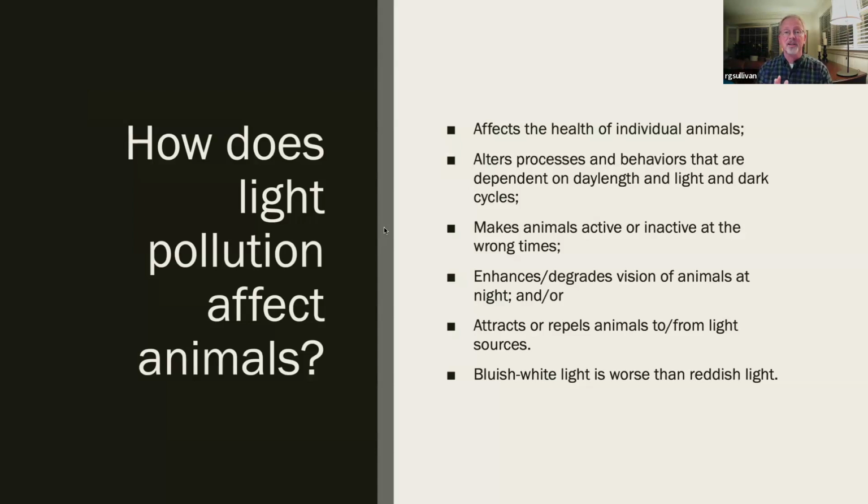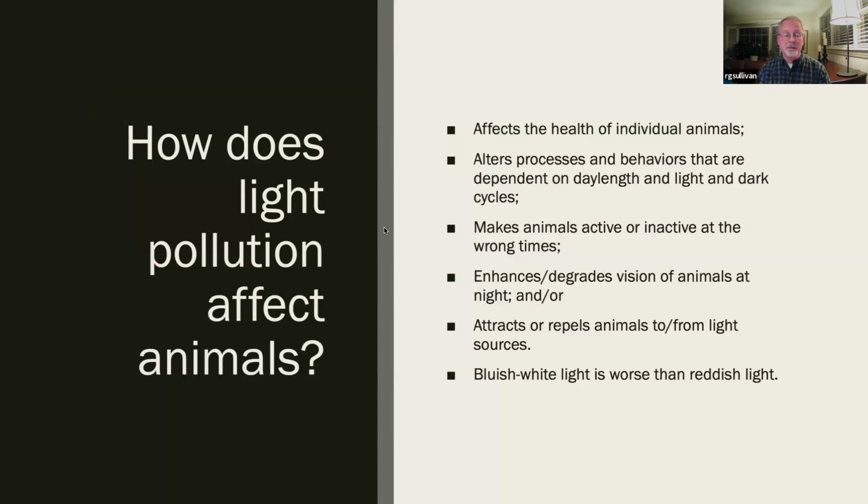And certain animals are attracted or repelled directly to lights or away from lights. So I'm sure we all know that many insects, particularly moths, but many other insects are attracted to lights, and they will fly directly toward them.